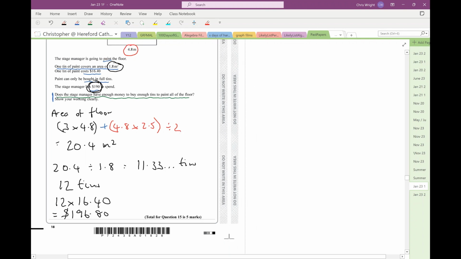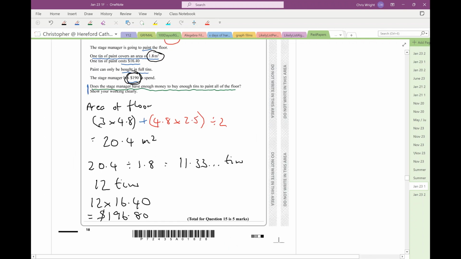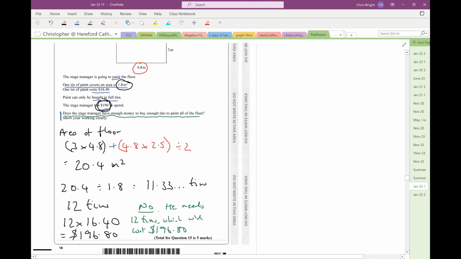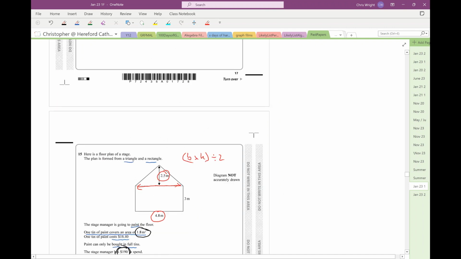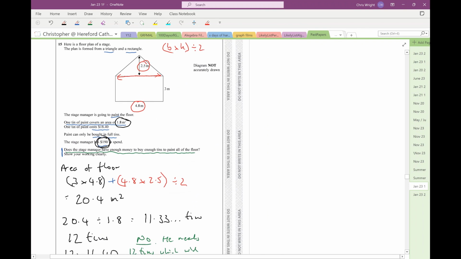So that means it needs a yes or a no. So no. And then you could say, he needs 12 tins, which would cost $196.80. There you go. That is question 15 finished.